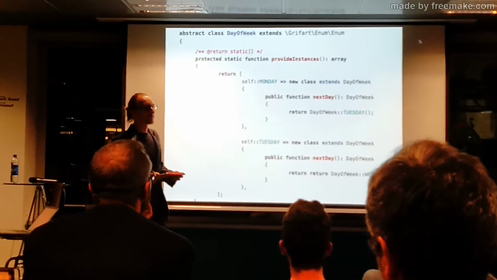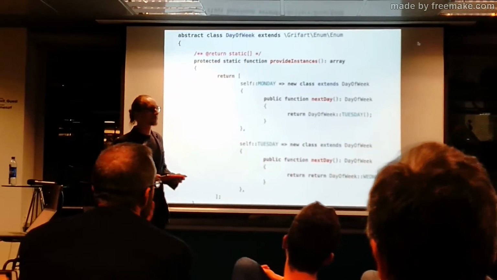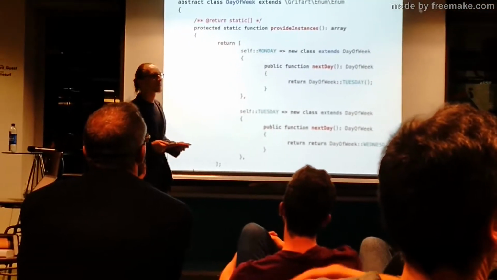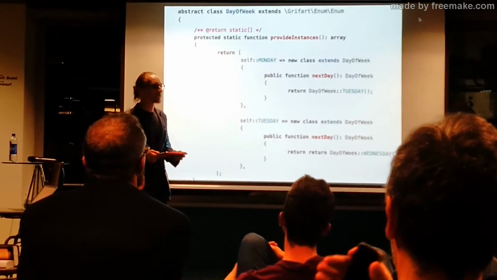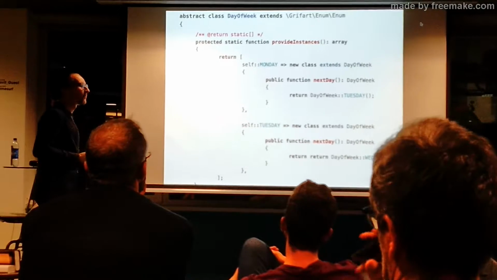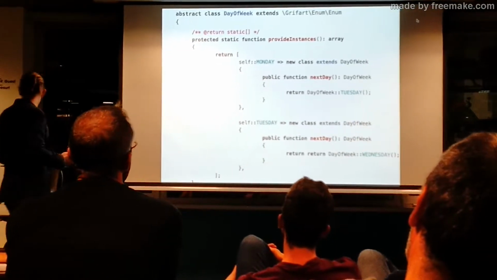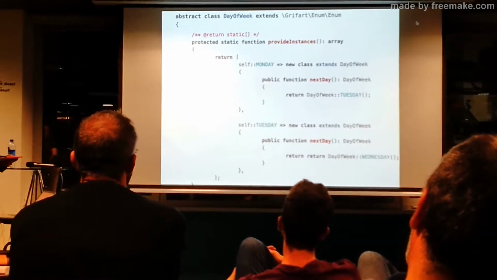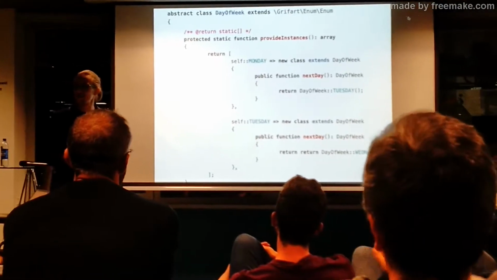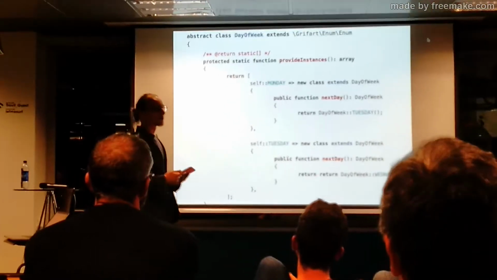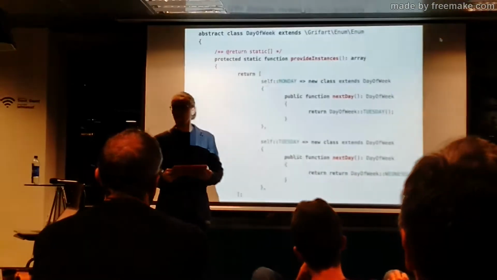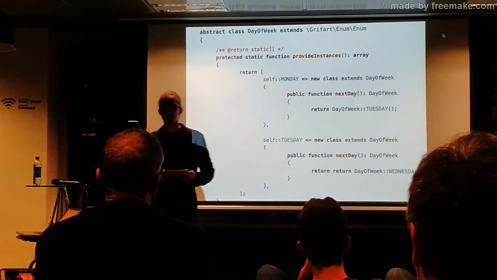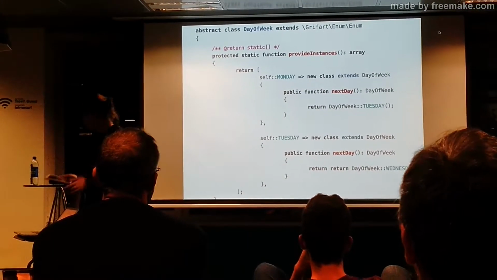So can I add more methods to every value? Monday can be like, I just add it into that anonymous class. Yeah, exactly. I have also prepared a live example of the order state, so we can go through that if you want.